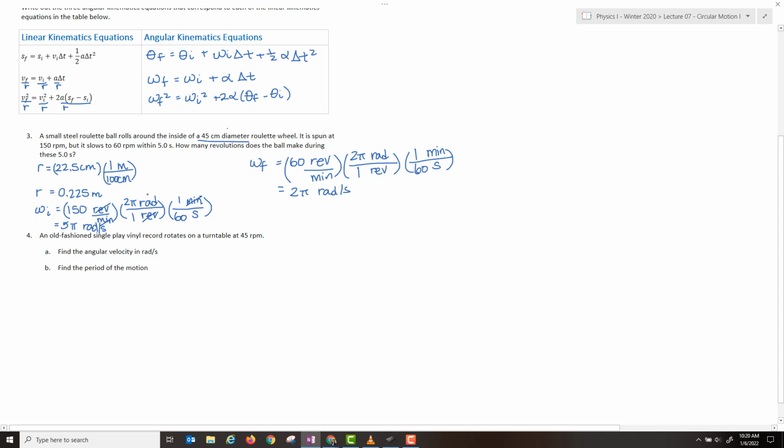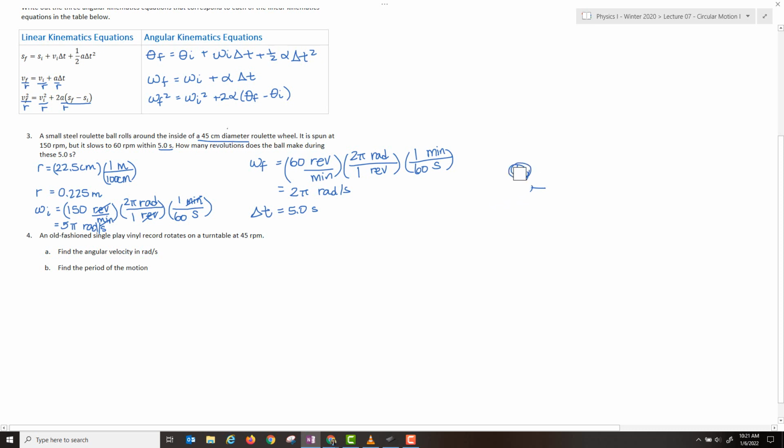Okay, so I know my R, my omega initial, my omega final, and now it tells me the amount of time. So my delta t, that's the amount of time that's gone by, is 5.0 seconds. And the question says, how many revolutions does the ball make during these 5 seconds? So it's asking how many times does the ball go around and around this circular path here?